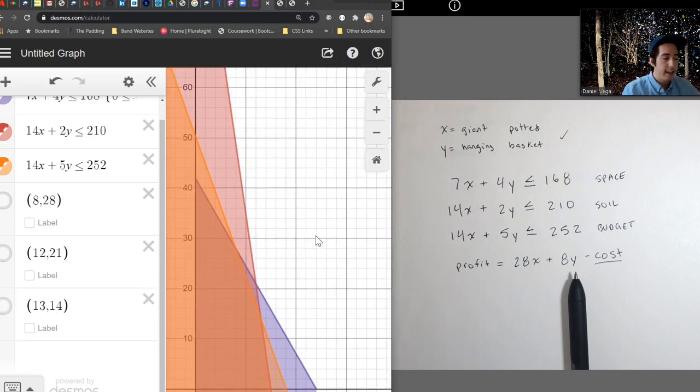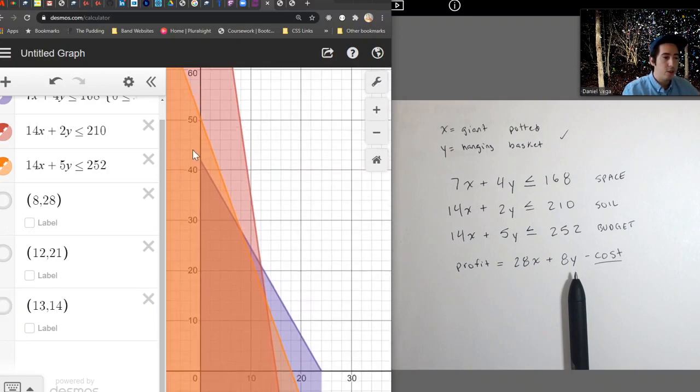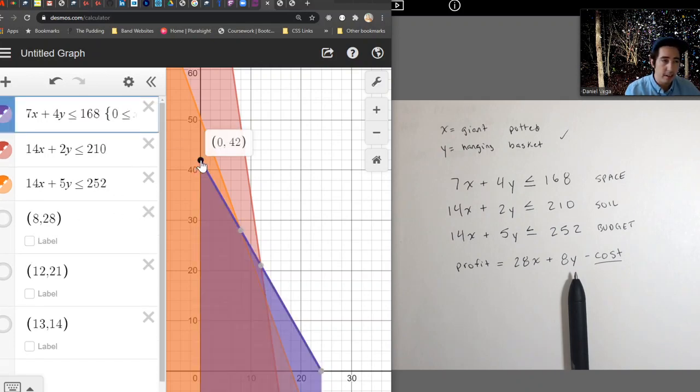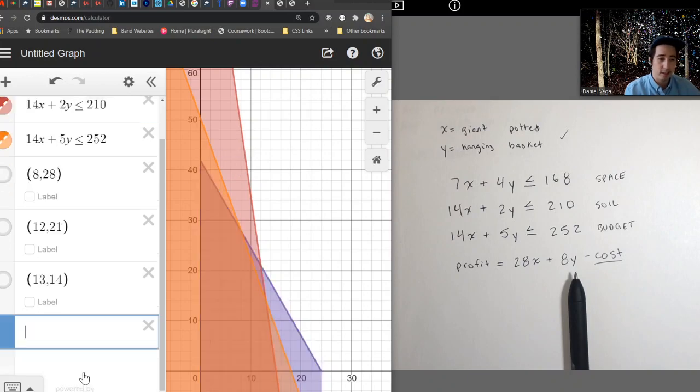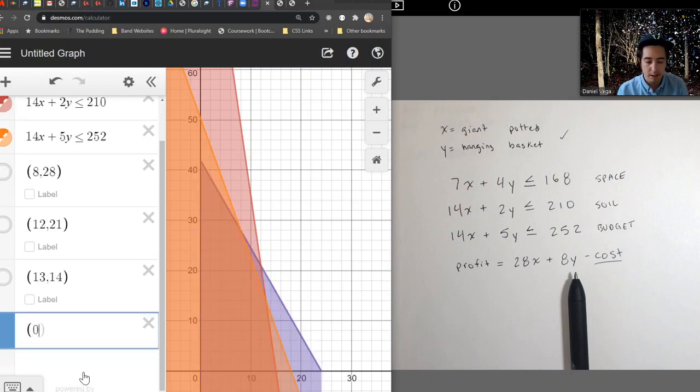Now looking at the significant points where you're overlapping the orange, the red, and the purple: this point right here, 0.42, is definitely in the purple area, the orange area, and the red area. So 0.42 is an important point.